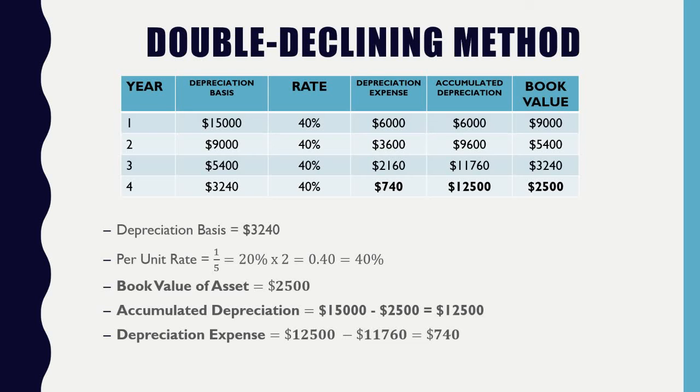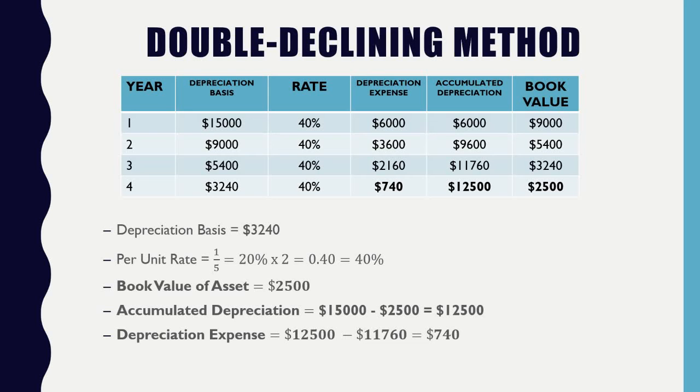And if you think about it, we're looking at 3,200, right? And we're subtracting 740. That's less than half that we're depreciating because our value needs to end with 2,500. All right? And that is one rule that you need to stay constant especially when you're dealing with double declining.